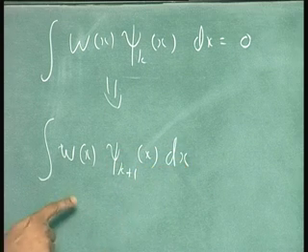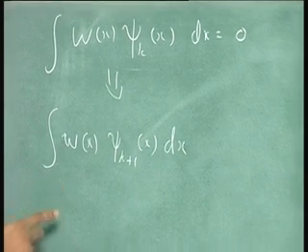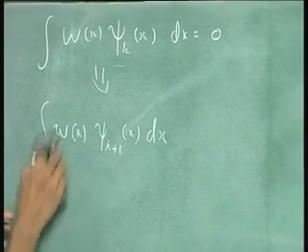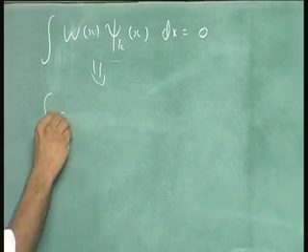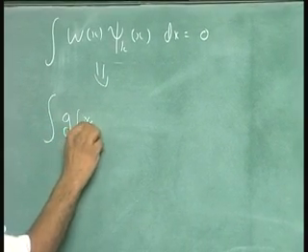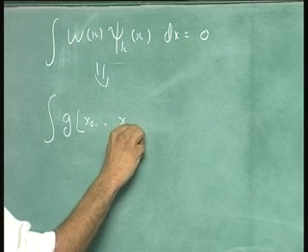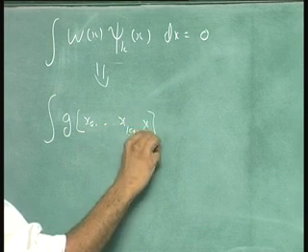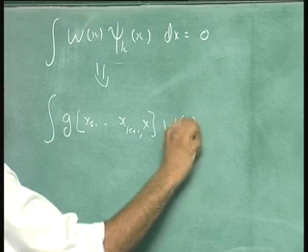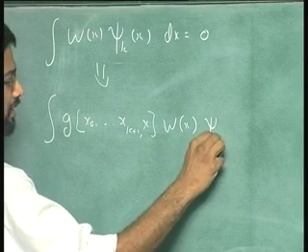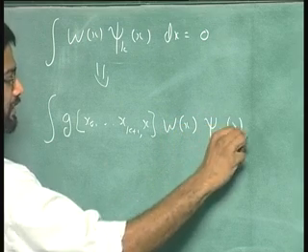Okay. Now let us say we chose the k plus 1 point, so this has g[x0, ..., xk+1, x] w of x psi k plus 1 of x dx.